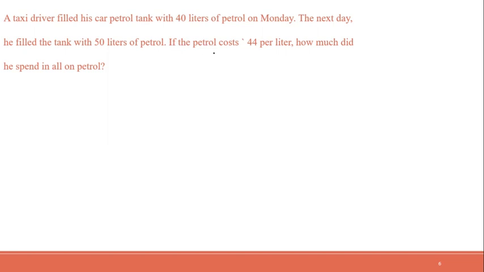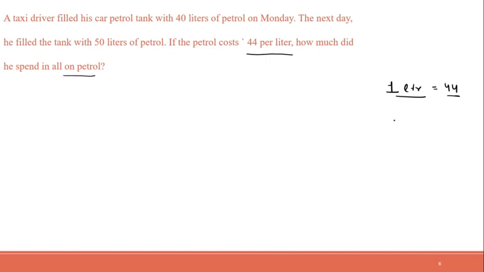If the petrol costs 44 per liter, how much did he spend on all petrol? That means 1 liter of petrol is equal to 44. We have to pay 44 for 1 liter of petrol, right?